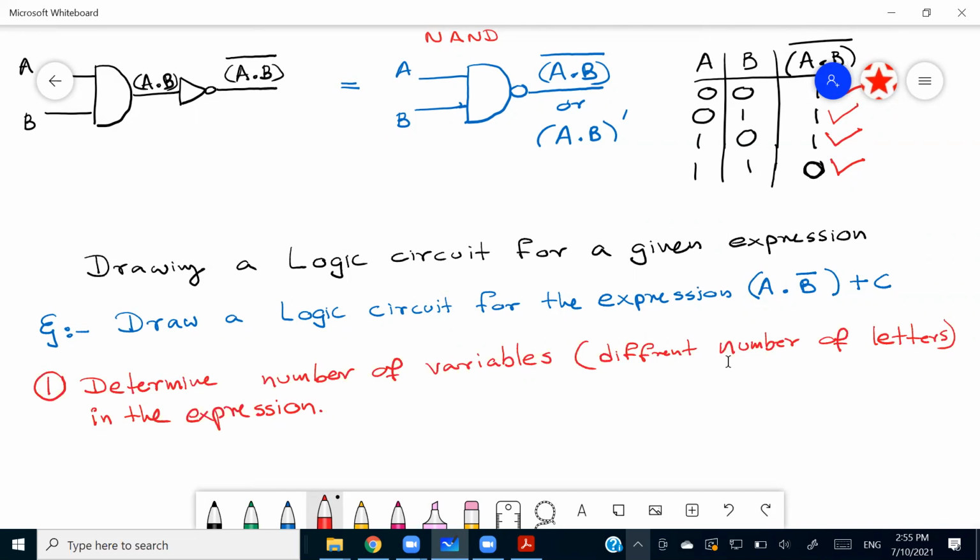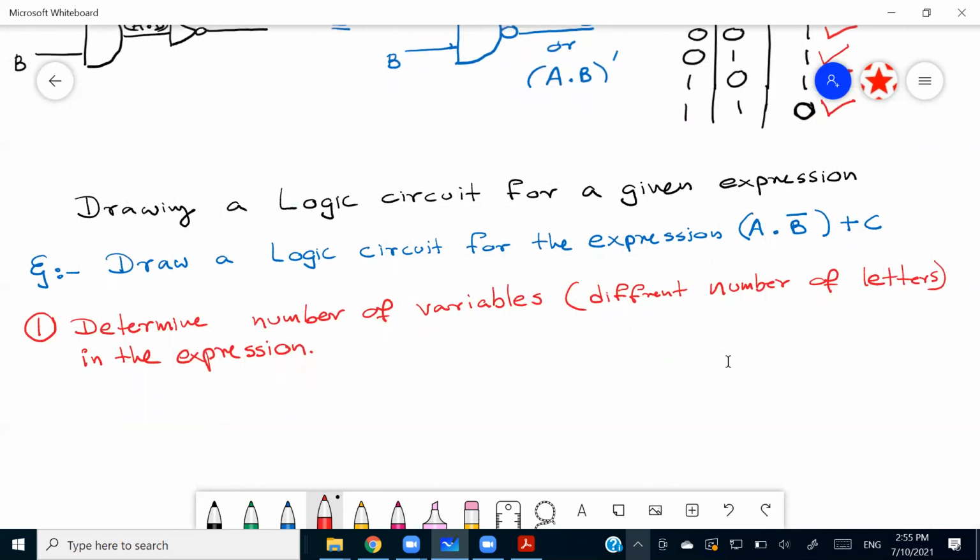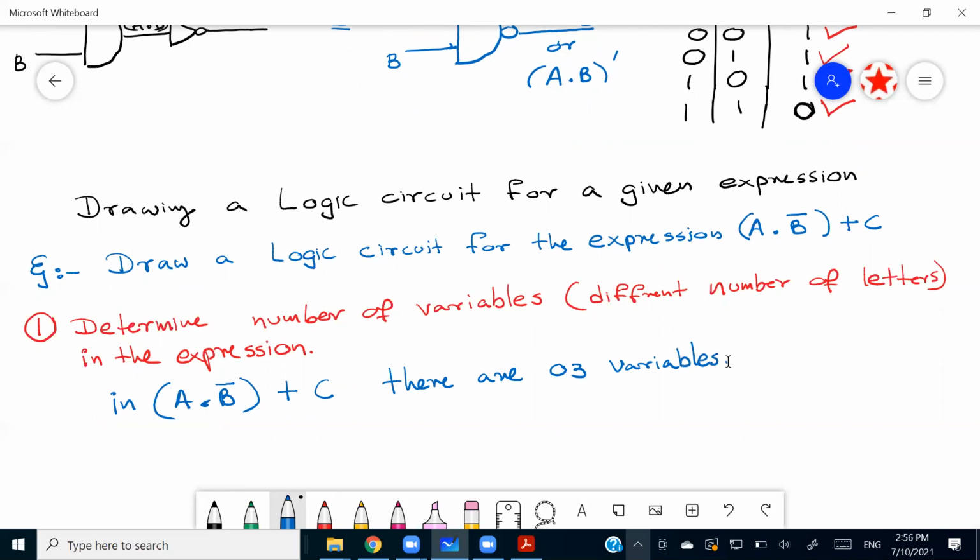So according to our expression, there are three. In A dot B bar plus C, there are three variables, right? Okay.